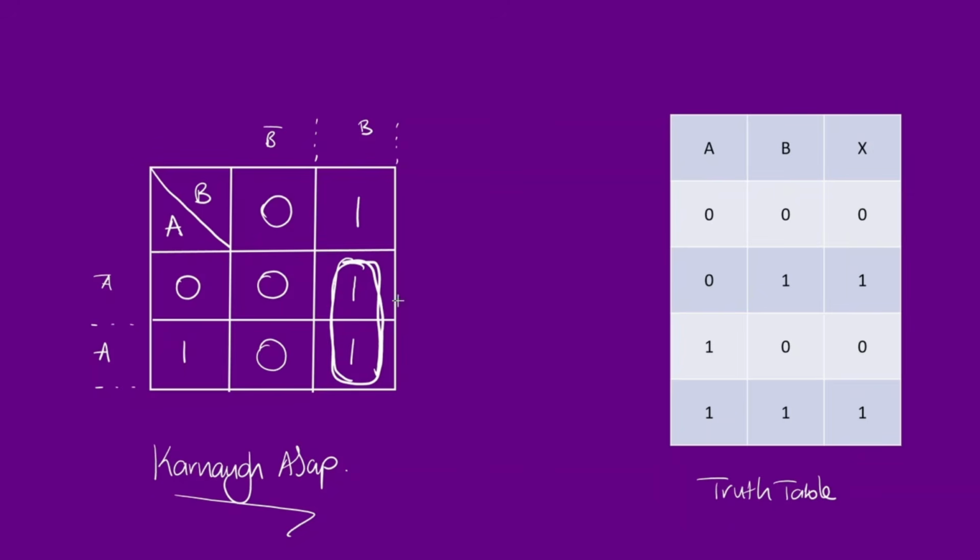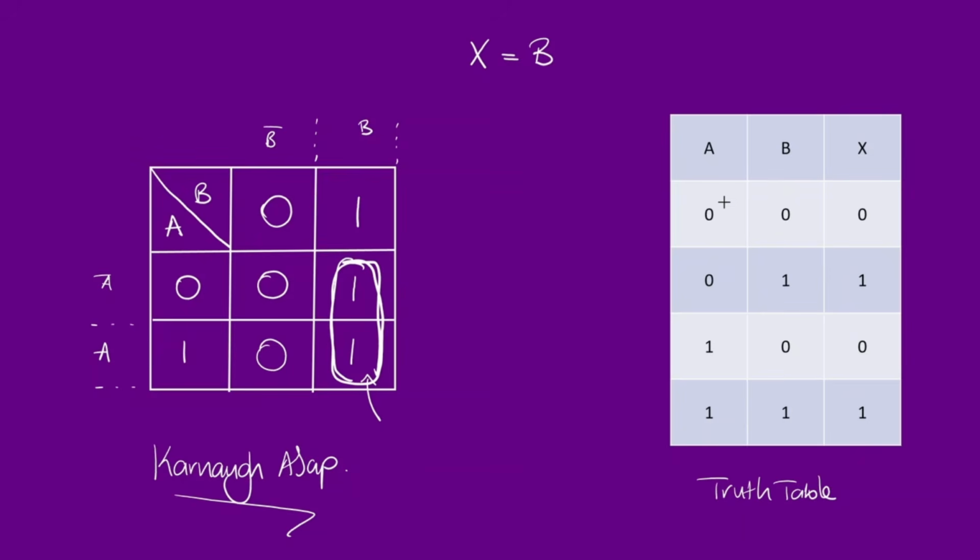So recall, the next step is to find what Boolean expression defines this set we've just picked. This cuts across both A and not A, so it doesn't depend on A, and it's found entirely in the region of B. So we can confidently say that X is equal to B.